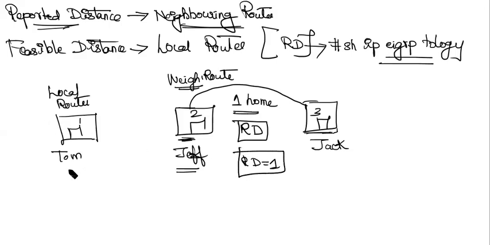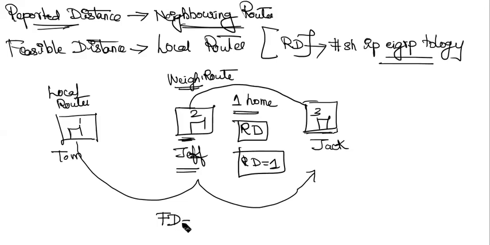So Mr. Tom says, okay, I need to cross 1, 2 homes to reach Mr. Jack. So that's nothing but a feasible distance of 2, which includes your RD value within it.